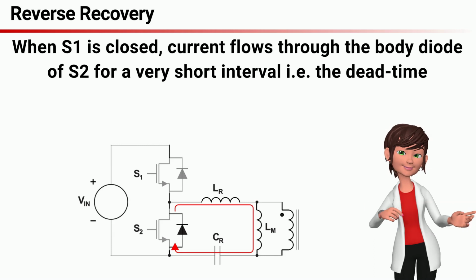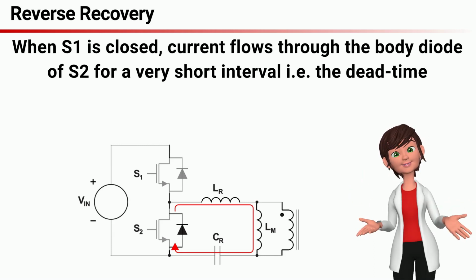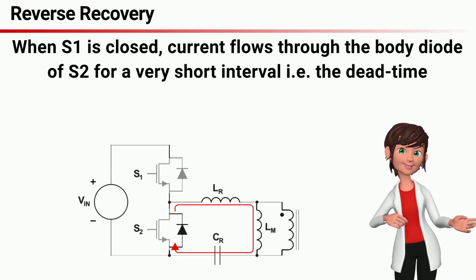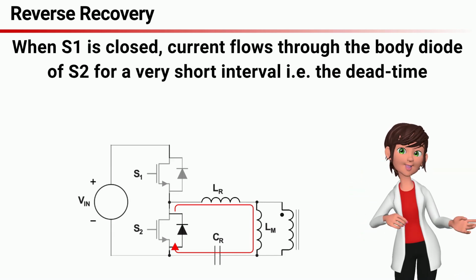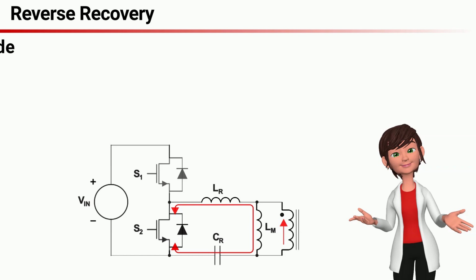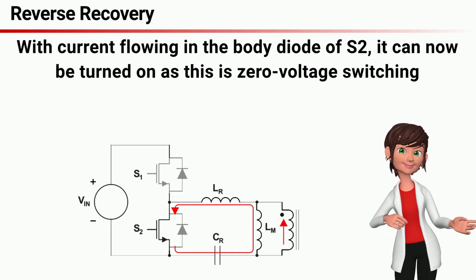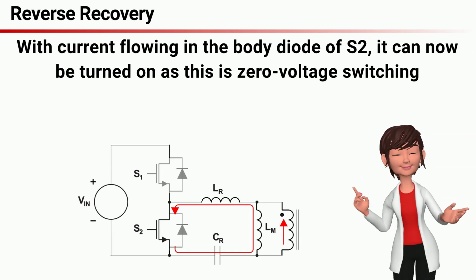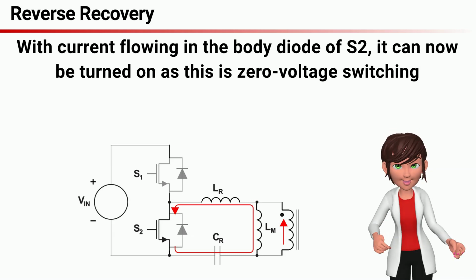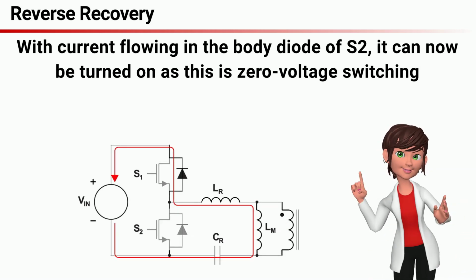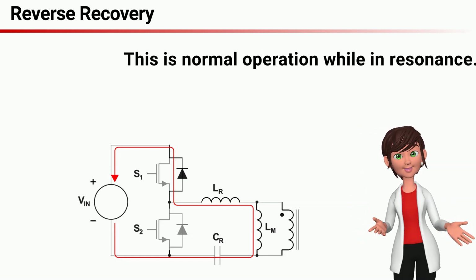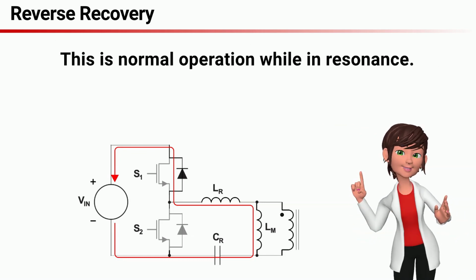Now that S1 is closed, current automatically starts to flow through the body diode of S2. This is also referred to as the dead time, as both switches are off during this time, so if we turn on S2 now, the current will reverse. This is the time that the energy is transferred to the secondary side of the transformer, and so the cycle repeats. This is normal operation when operating in resonance.